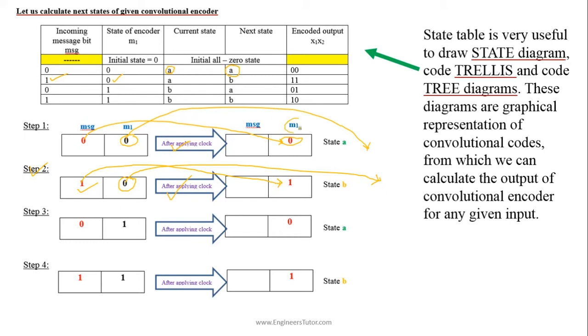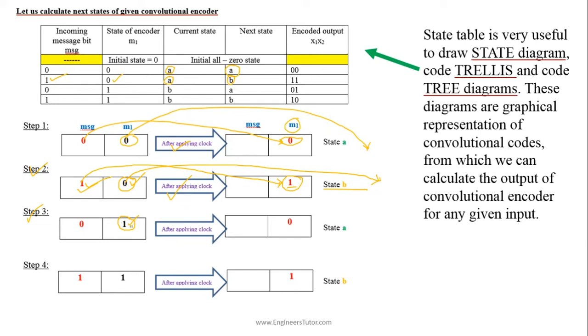M1 represents the state of the encoder, so this represents state B. It changes from initial state A to state B if the incoming bit is 1 and the initial state is 0. In step 3, we assume the state of the encoder is 1.